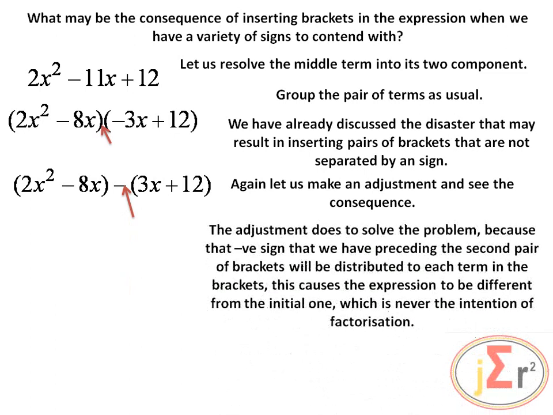The adjustment does not solve the problem, because that negative sign that we have preceding the second pair of brackets will be distributed to each term in the brackets. This causes the expression to be different from the initial one, which is never the intention of factorization.